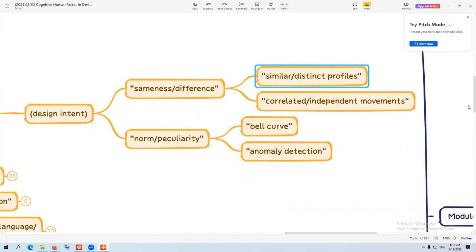If I want to highlight the difference, I'll say you're actually a very diverse group. You came from diverse economic backgrounds, you live in different parts of Bangkok. This is a great diversity of students I have. So it's about comparing profiles.